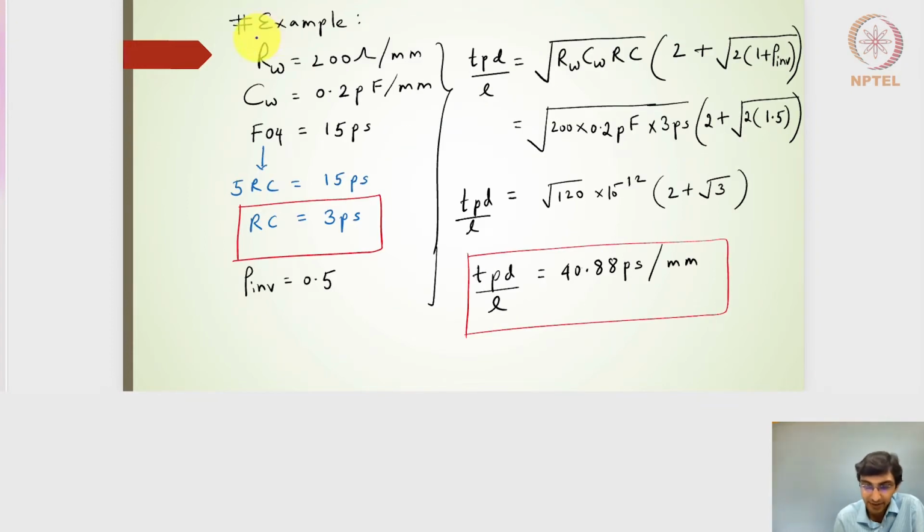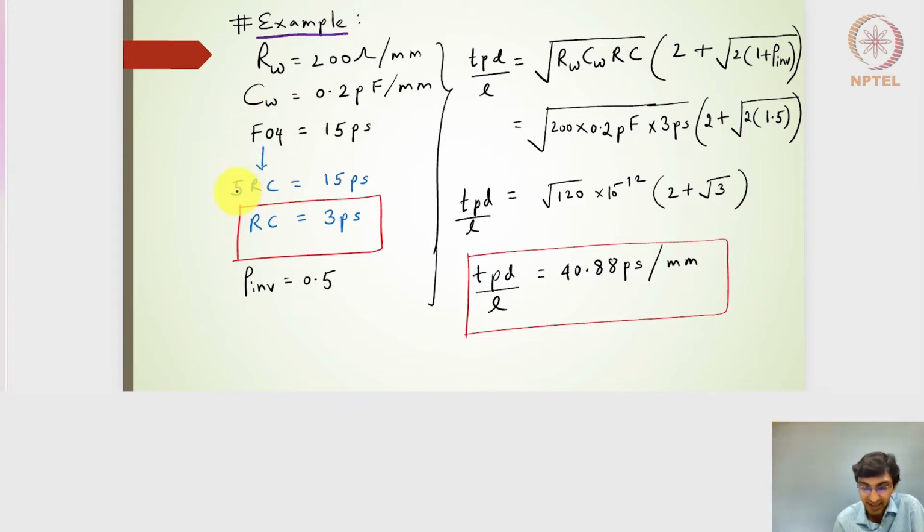Let's take an example here. So we have a long length of wire, and the resistance and the capacitance per unit length of the wire are given as 200 ohms and 0.2 picofarad per millimeter. The FO4 is given as 15 picoseconds for the repeater design.